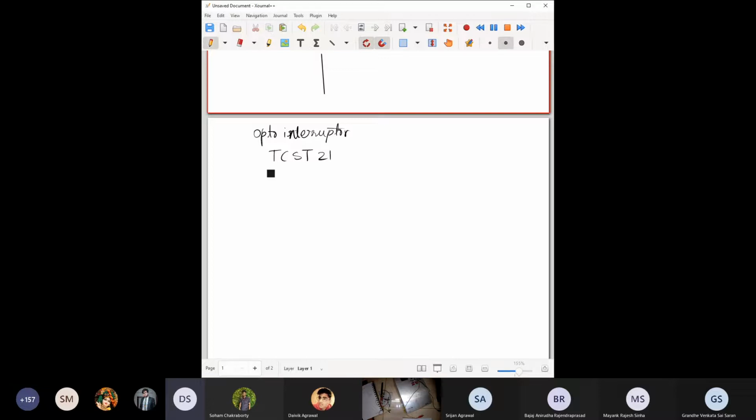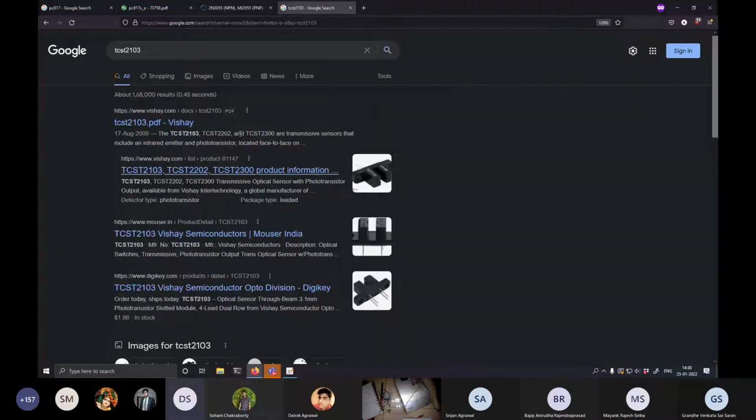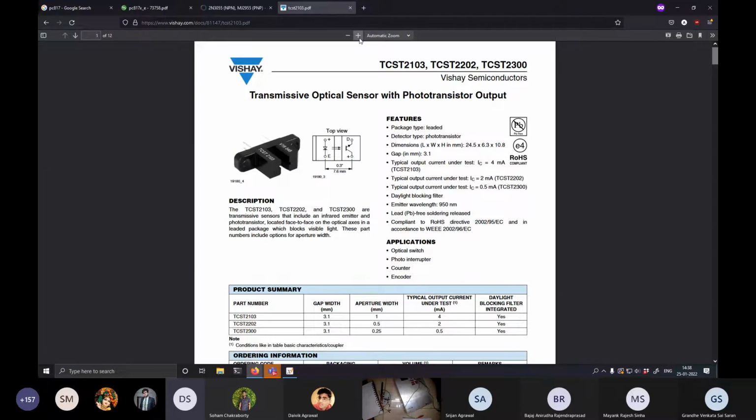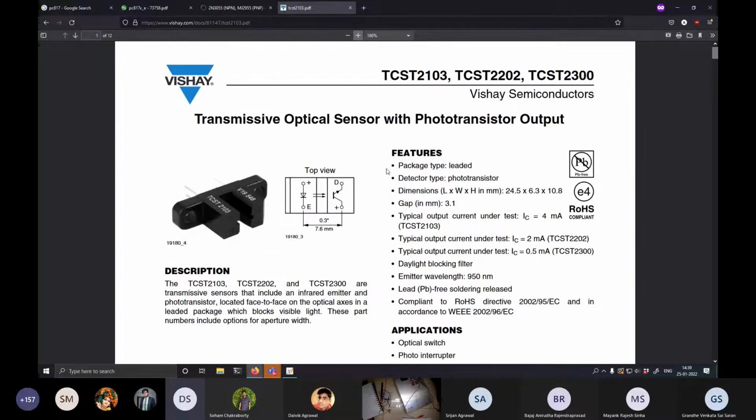So let me share my entire screen. Let me know if the screen is visible. Yes, sir. The TCST 2103 is an opto interrupter made by Vishay Semiconductors. The previous one was made by Sharp, and this one is made by Vishay, a very big company.